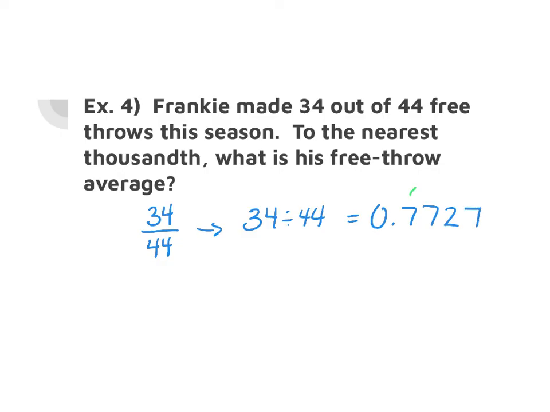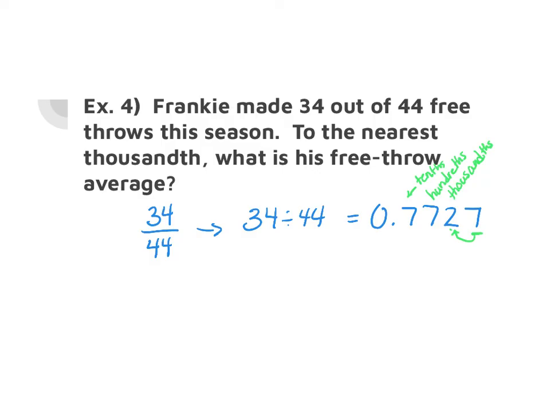So remember that this is your tenths, hundredths, and this is your thousandths. Okay. So that means you have to look at the next number to see if you need to change your thousandths place. Since the 7 is greater than 5, this will make the 2 go up by 1.